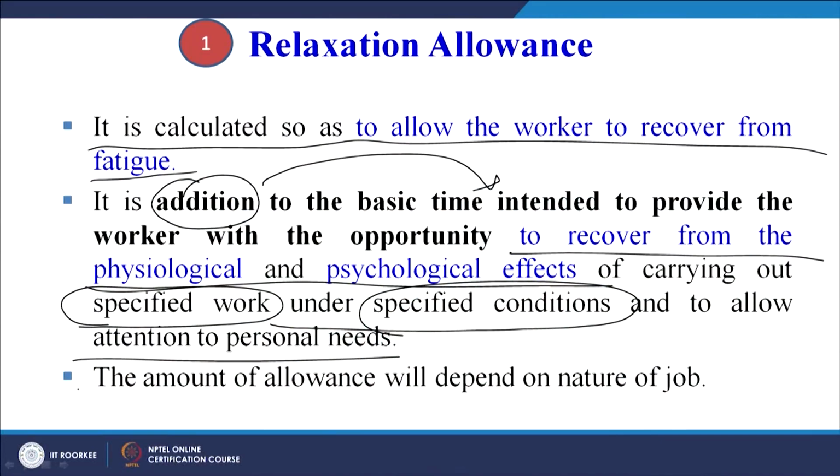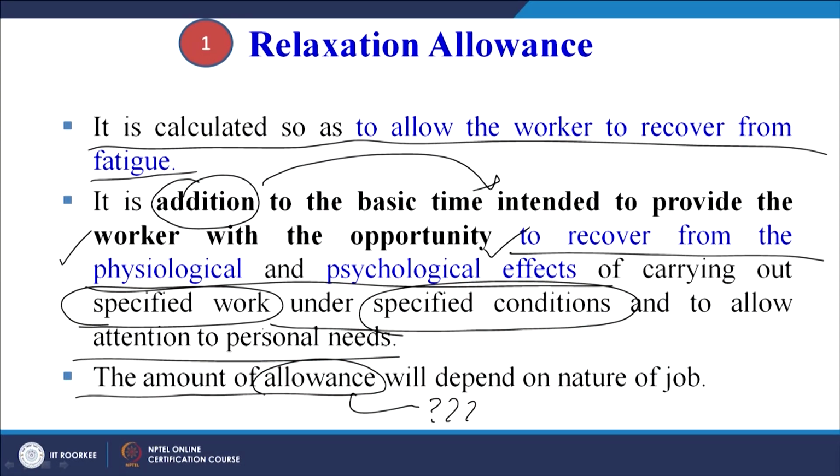The amount of allowance, how much, will depend upon the nature of the job. So, if the job is very involved, too much hard work is required, you may like to give slightly more relaxation allowance. If it is an office job only, maybe the operator has to work in an AC environment sitting on a comfortable chair, so the relaxation allowance can be slightly on the lower side.